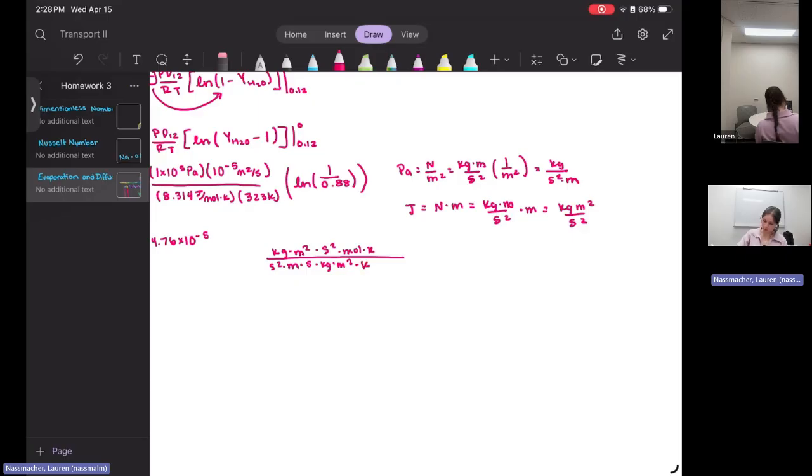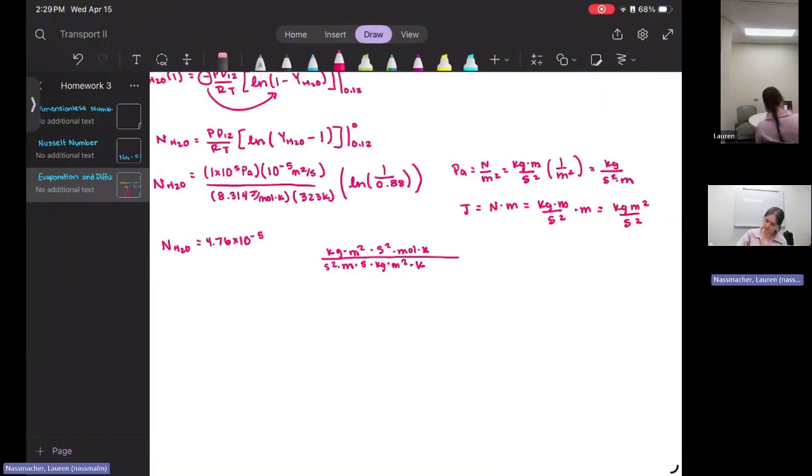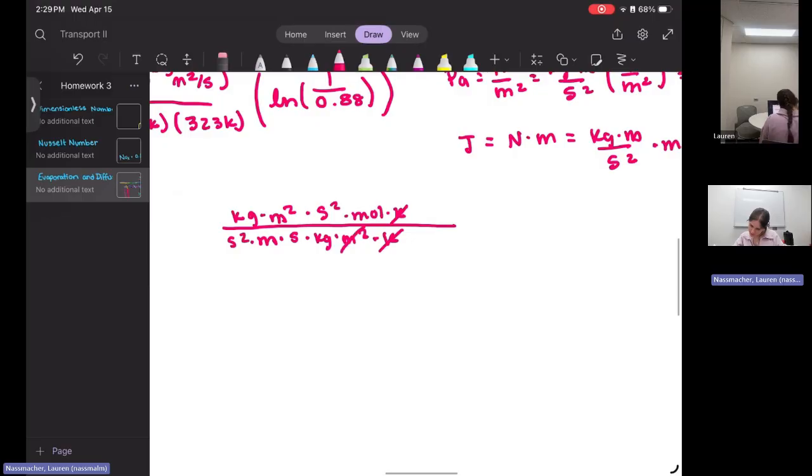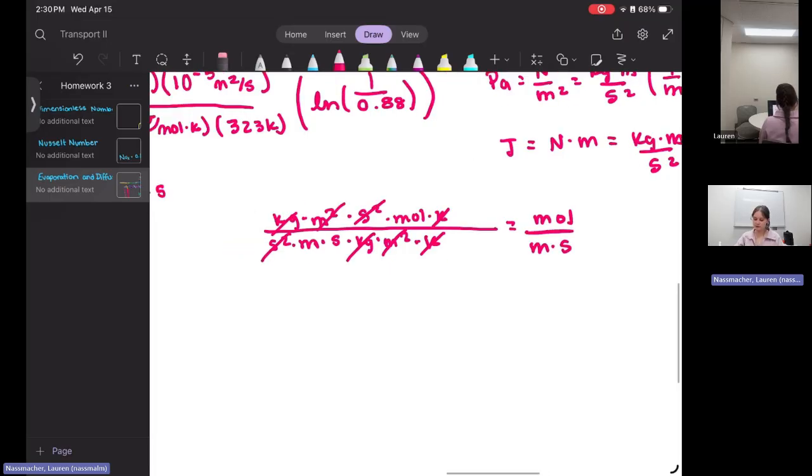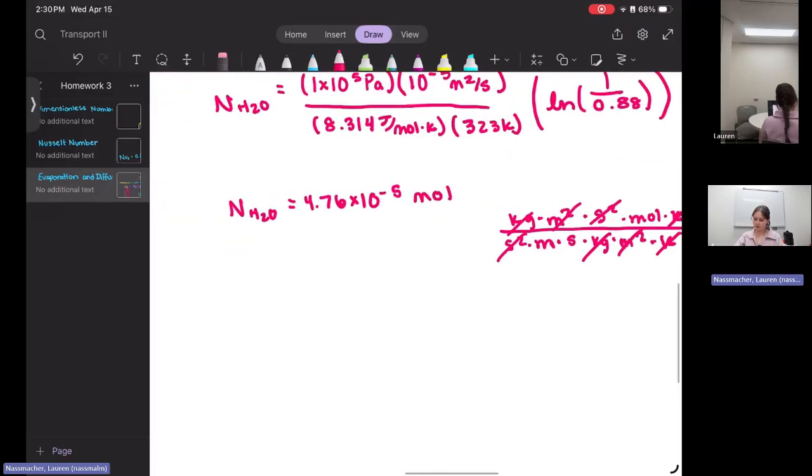Kelvin is also on the bottom. Cancel out certain units. These meters squared can go. These seconds squared can go. That's moles, kilograms, moles, meters, seconds. Kilograms again. So we just get moles per meters, seconds. So our final answer is moles per meter per second.